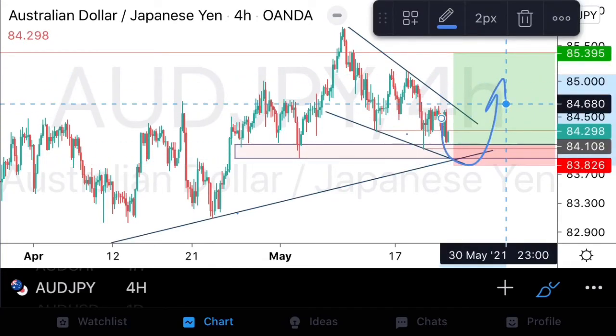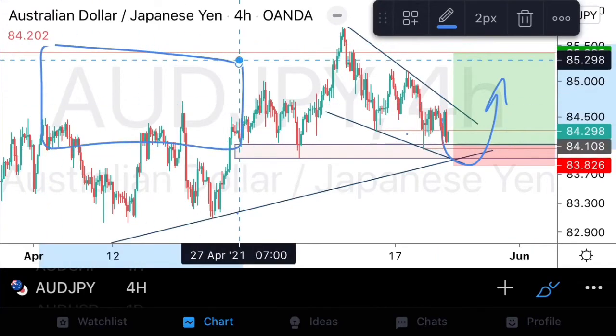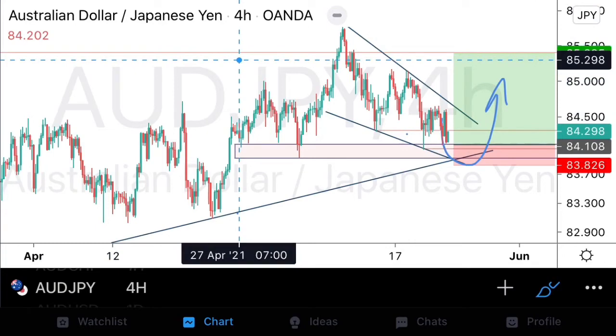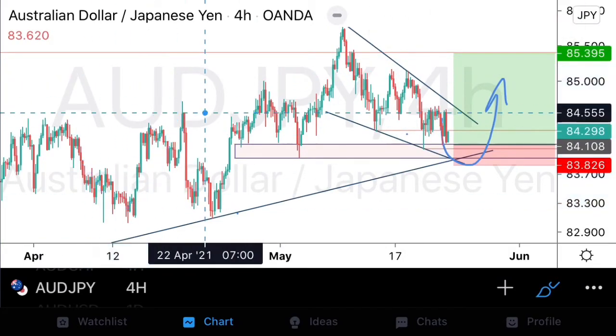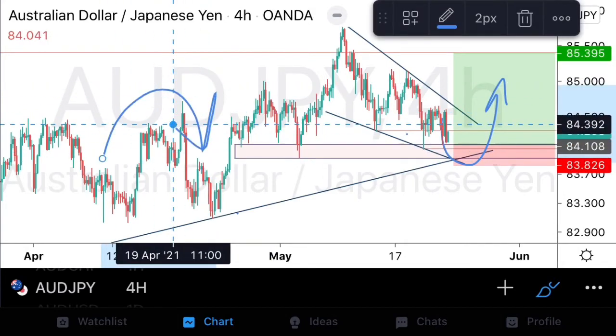Both of these pairs are correlated because they both have AUD as their base pair. So if we see Aussie dollar strength over the course of next week, then we will see all of the Aussie dollar base pairs making that move to the upside. If we have Aussie dollar weakness over the course of next week, then we should see all of these Aussie dollar base pairs making that move to the downside.